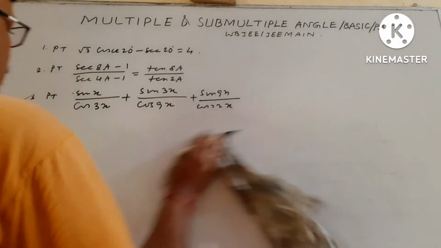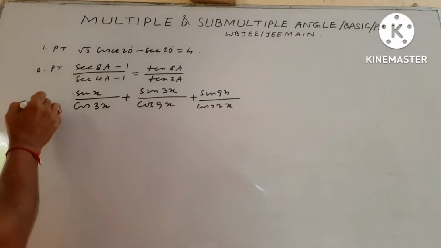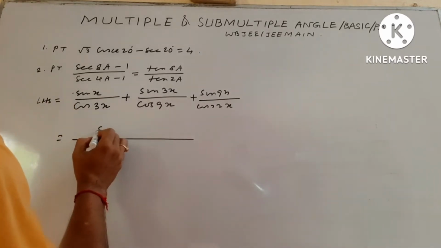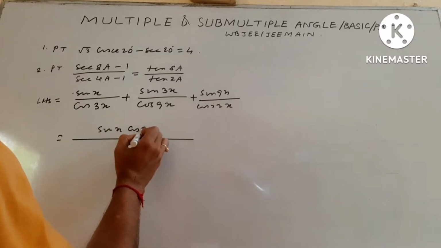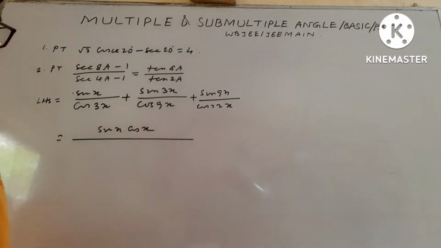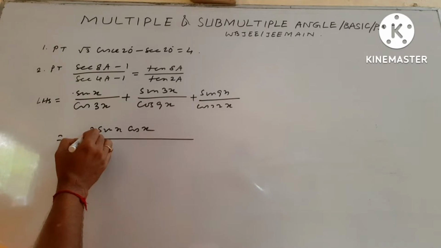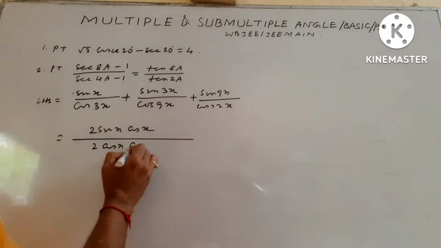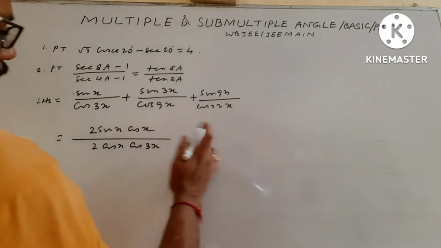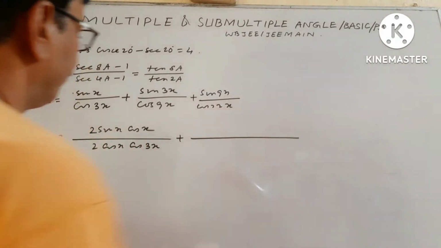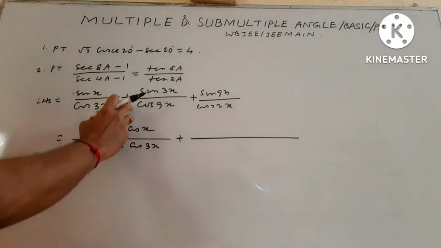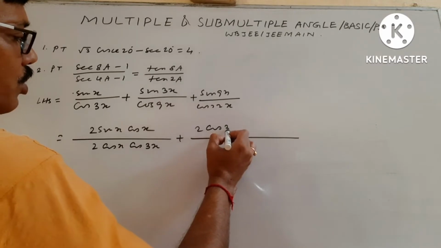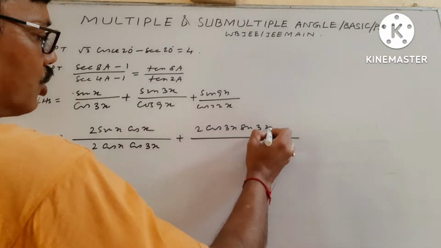Look, this is the LHS. So sin x, if you multiply it by cos x, we get a formula, 2 sin x cos x. So to make it balance, divide by cos x, giving 2 cos x cos 3x. Now to get a similar formula, you have to multiply by cos 3x, with sin 3x unchanged.